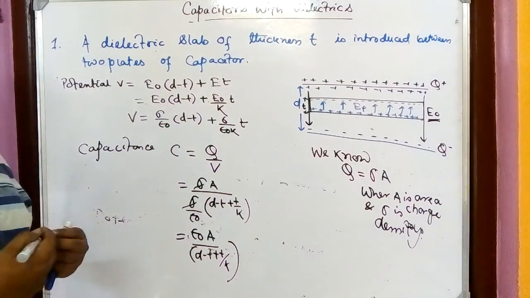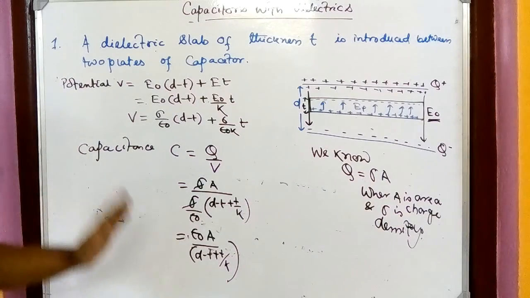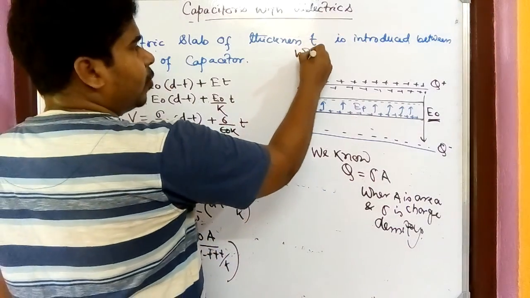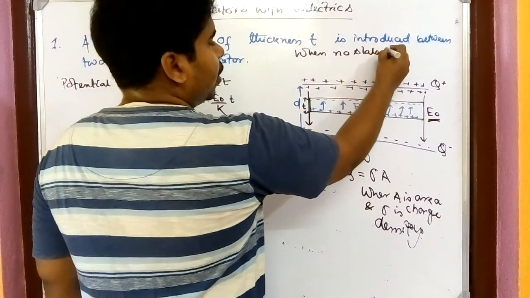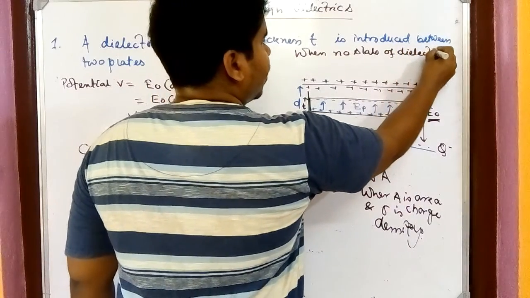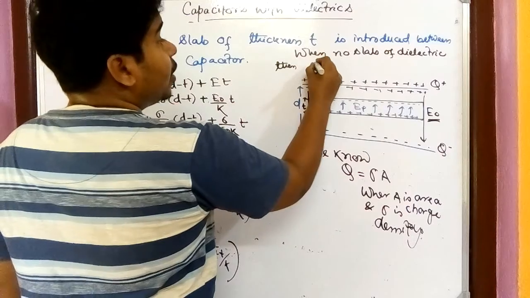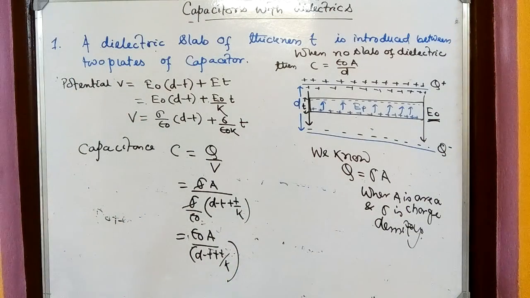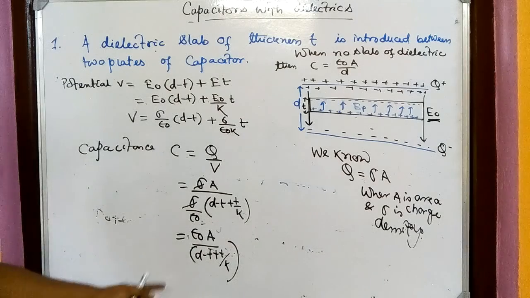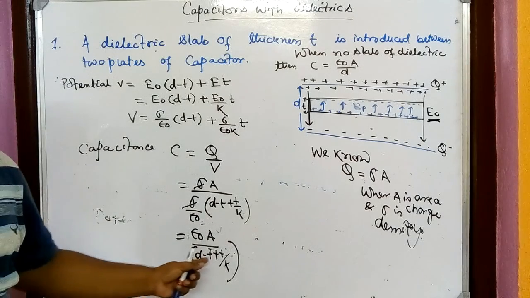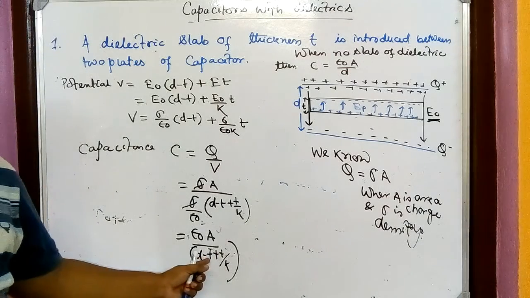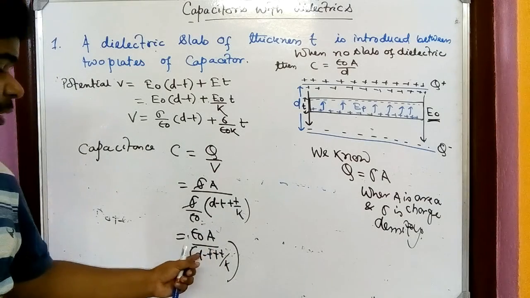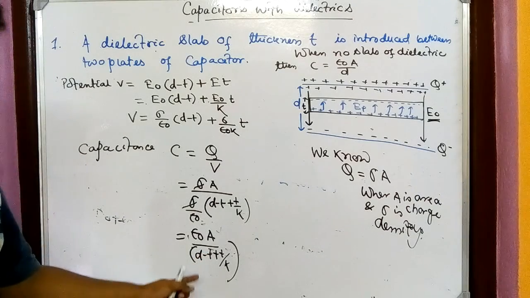Now you see one thing. Initially we learned that whenever there is no slab of dielectric, the capacitance is C equals epsilon naught A by D. And now, whenever we come here, we have something subtracted from D: D minus T plus T by K. T by K is definitely smaller than T, and that's why whatever is subtracted from D is positive.